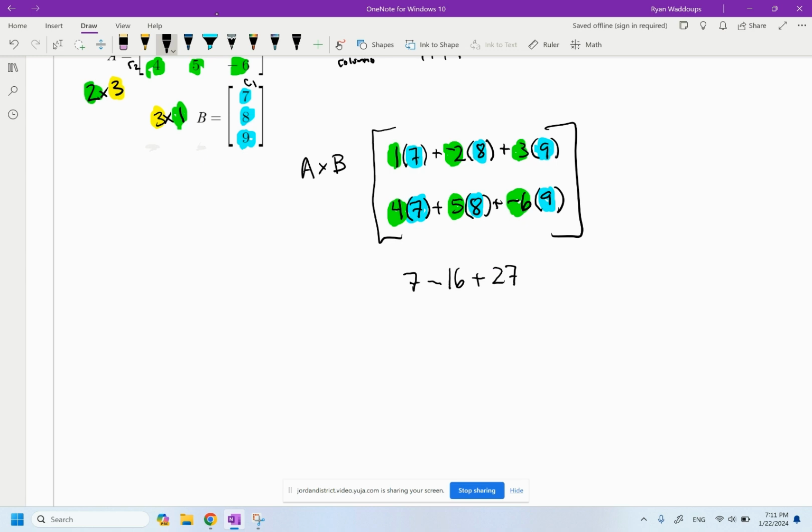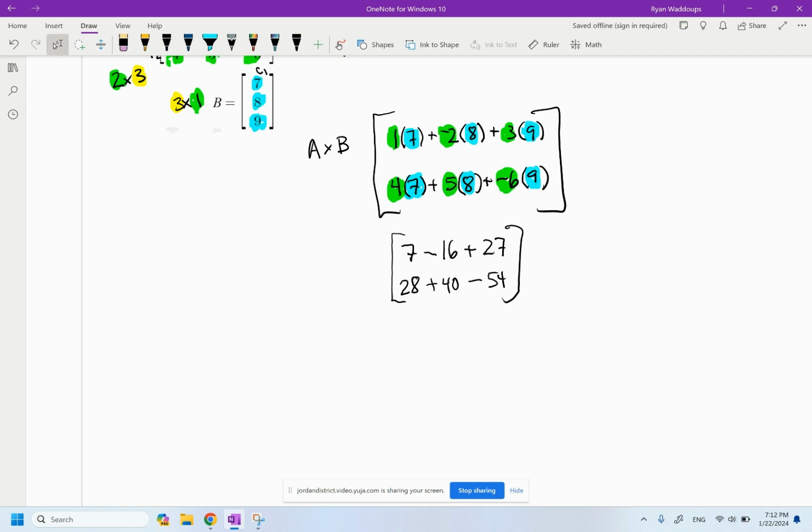And then 4 times 7 is 28. Plus 5 times 8, that would be plus 40. And then -6 times 9 would be -54. We're almost there. Now we just got to take those numbers and continue to evaluate them.